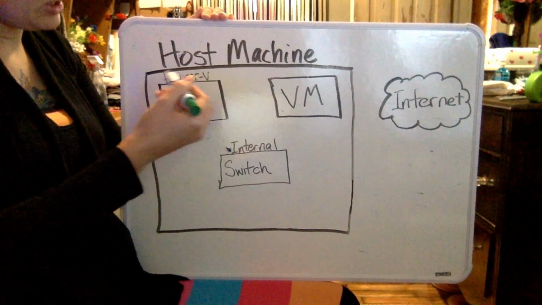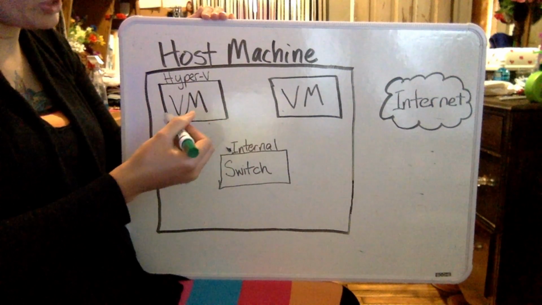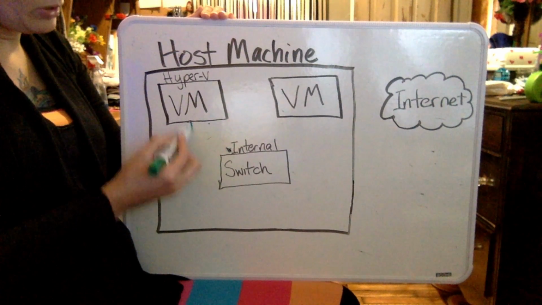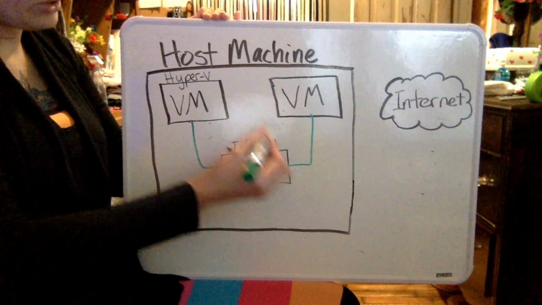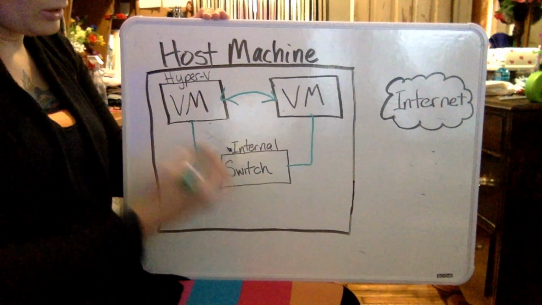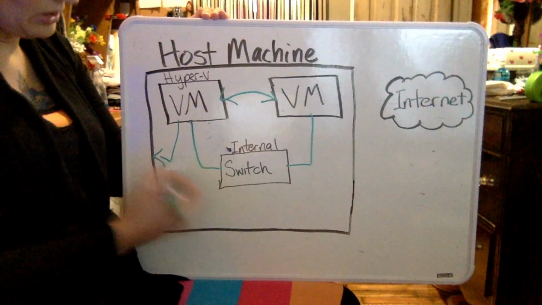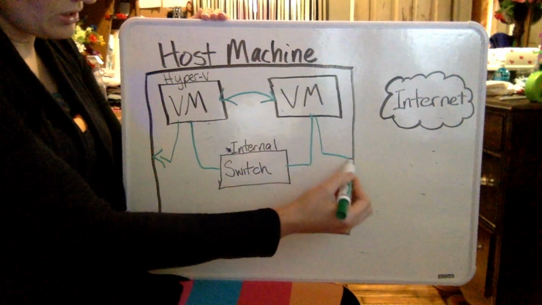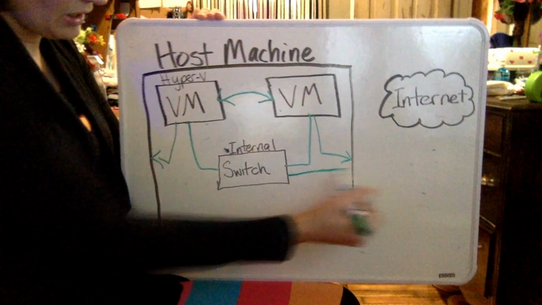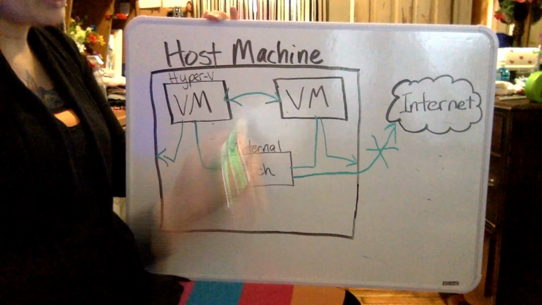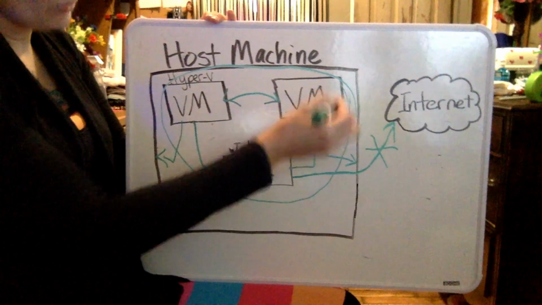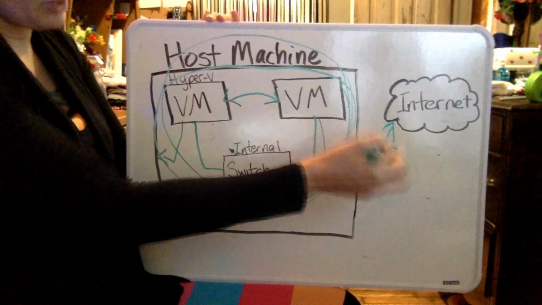Again, you've got your host machine and your Hyper-V with a couple of virtual machines in it, and then you create your internal switch, and you'll connect your virtual machines to your internal switch, which then allows your virtual machines to communicate with each other, and they can also communicate with the host machine itself, but the one thing they cannot do is communicate out here to the internet. So they can communicate in here only within the host machine and themselves, but not outside of that.